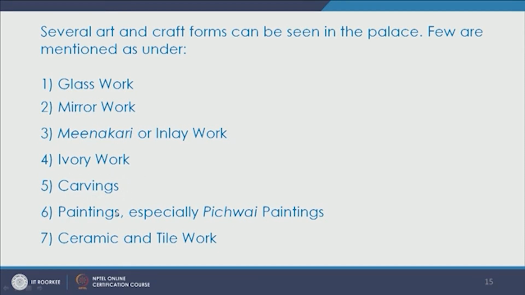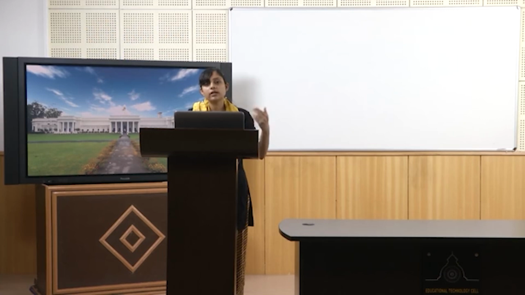Then there are a lot of paintings, especially the Pichwai paintings. Pichwai paintings are very famous, and their origin is Rajasthan, and they have been shared and talked about and disseminated for their subject, for their content, for their expressions. There is also ceramic and tile work that we see in this palace.